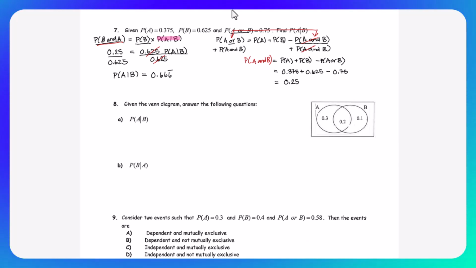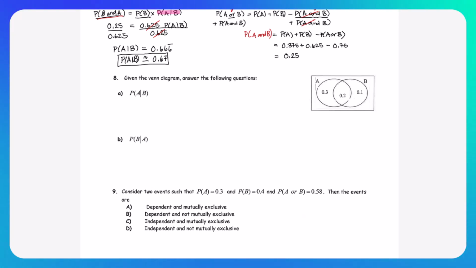Now, rounding that to 2 decimal places is going to be approximately 0.67. So our final answer as a rounded decimal would be that.